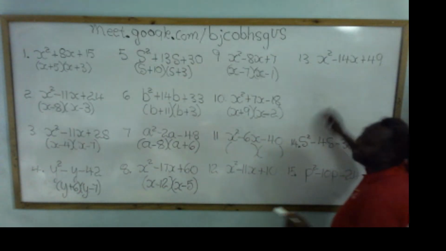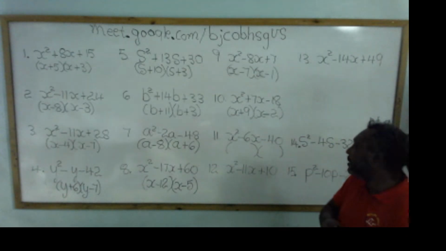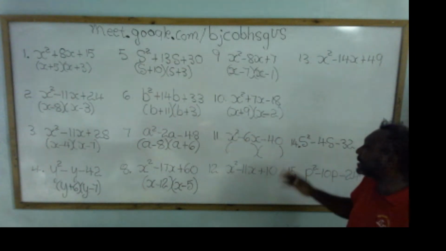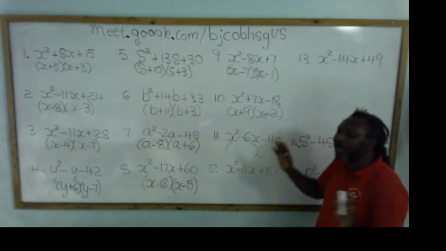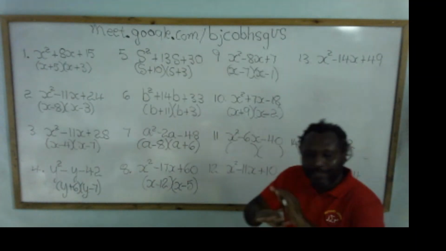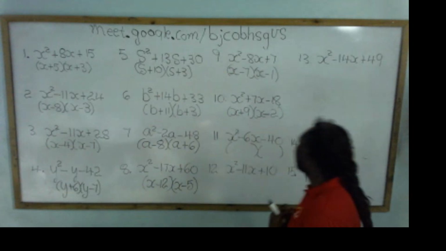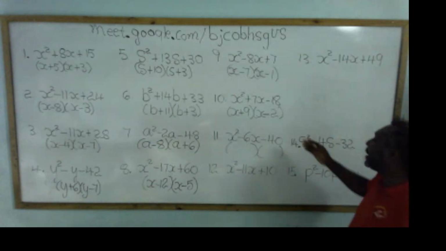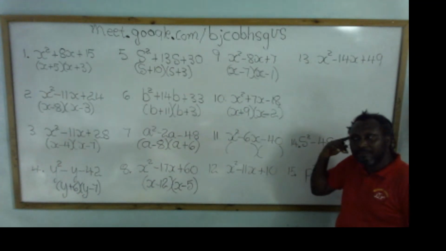So let me say the way that I would and see if that is of any benefit to you. Because you might just look at it and say, negative 40, one is positive, the other is negative, and you arrive at the negative 6, and you have your two numbers, and that's beautiful. But I prefer to say that when we have a negative product, the two numbers have different signs.